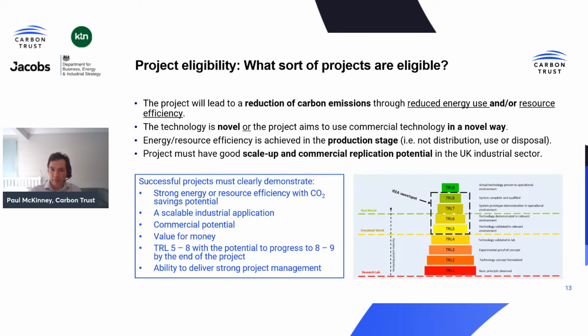But for this program, we're looking at TRL levels of the technology between 5 and 8, and then progressing those upwards to TRLs of 8 or 9 through the program. If you've got more established technologies, then there are other programs like the Industrial Energy Transformation Fund, which is also open at the moment through BEIS, which you can get in touch with. And there are plenty of programs as well supporting earlier stage R&D.